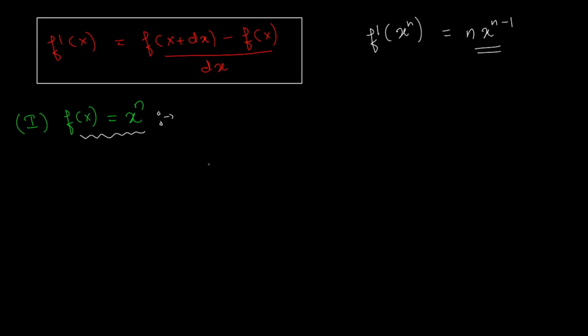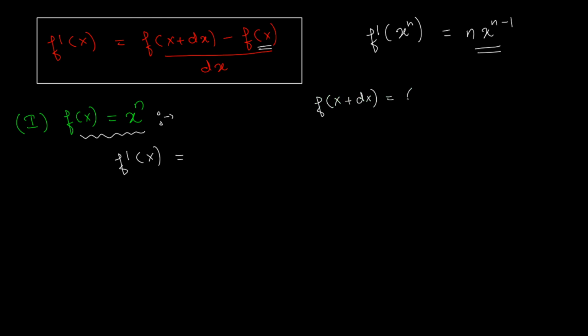Right, so let's say I'm trying to find the f dash of x for the given function. First let me substitute the values. If f of x is x to the power n, I can easily substitute for f of x as x to the power n. But what would f of x plus dx be?